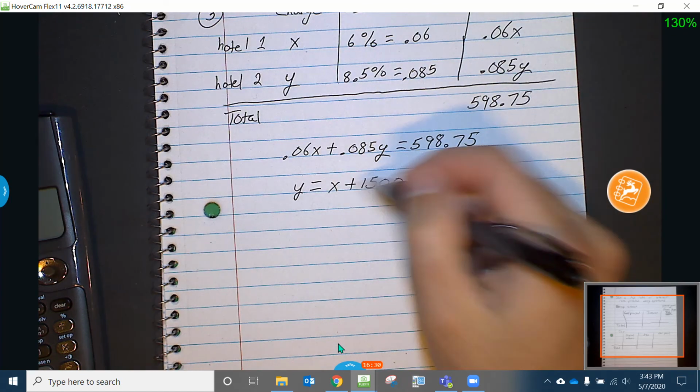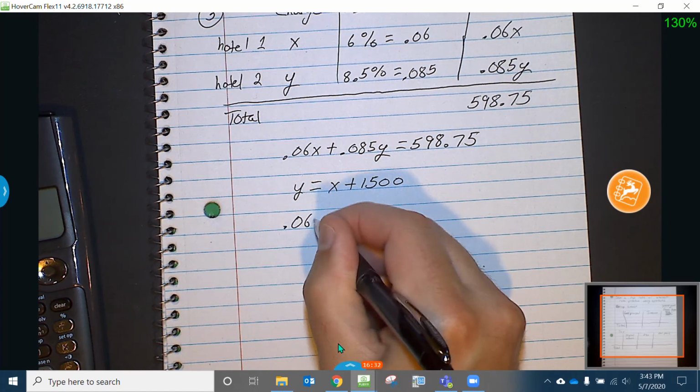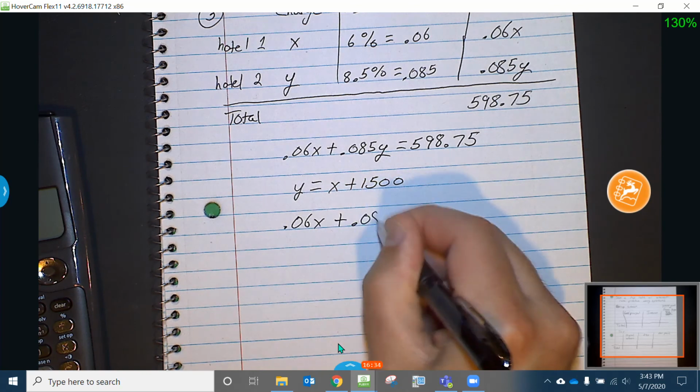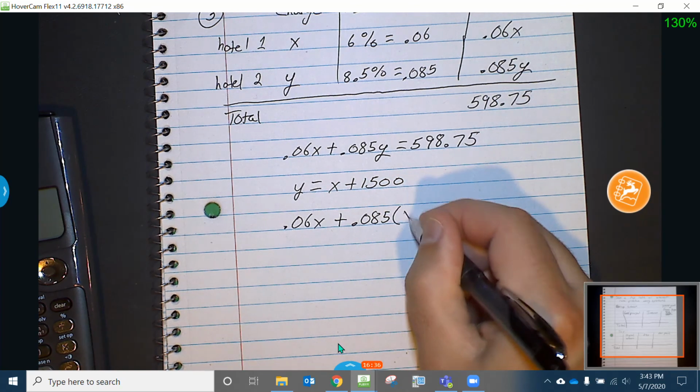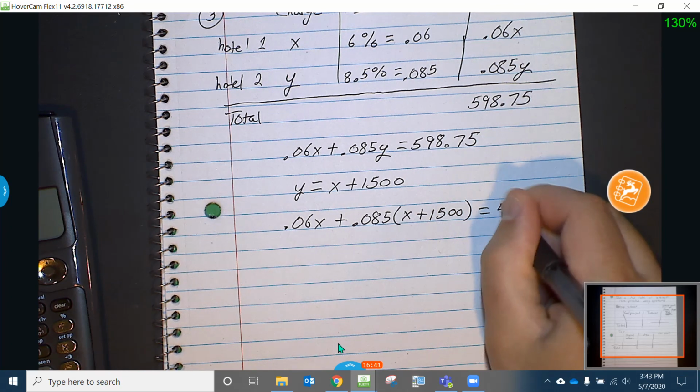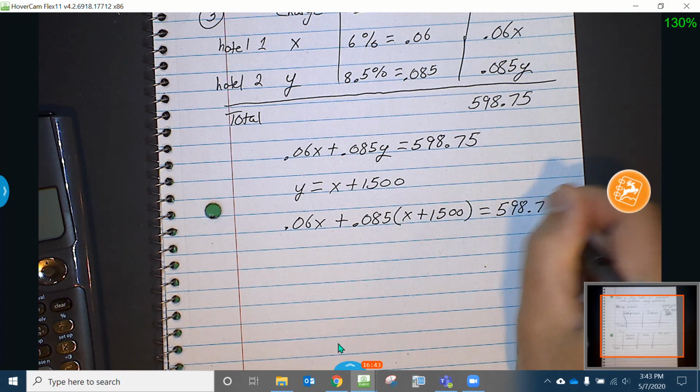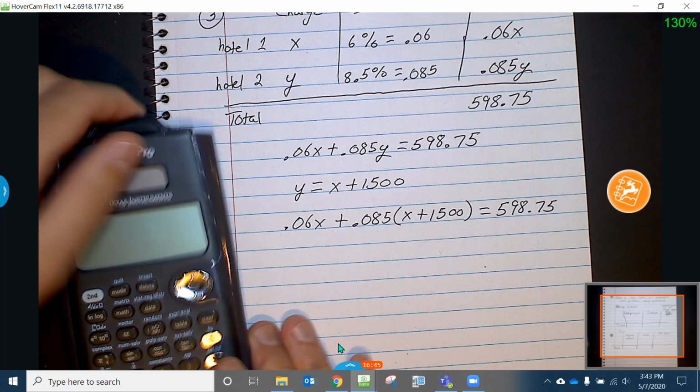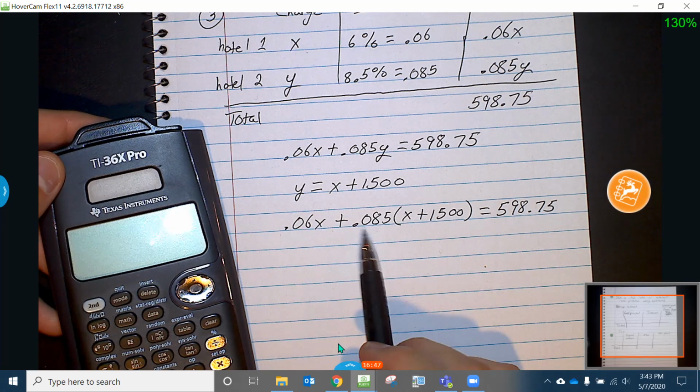So this is going for y: 0.06x plus 0.085 times x plus 1,500 equals 598.75. So if I distribute the 0.085 times the x, I get 0.085x.